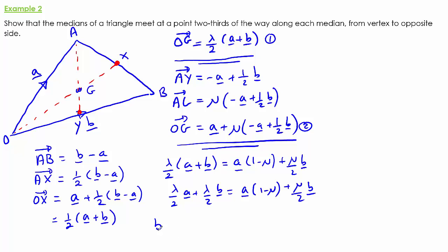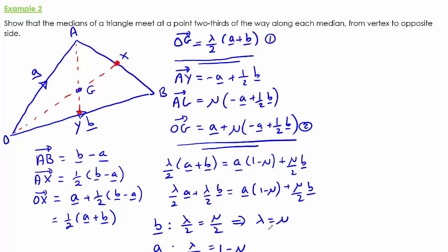So if we consider the b vector, we've got lambda over 2 equals mu over 2, and that must mean that lambda is equal to mu. If we consider the a vector, that gives us lambda over 2 equals 1 minus mu.